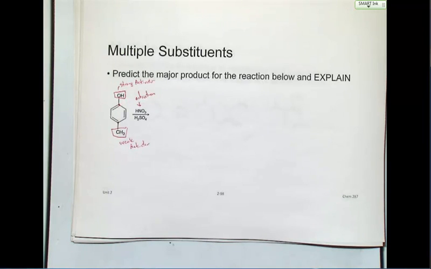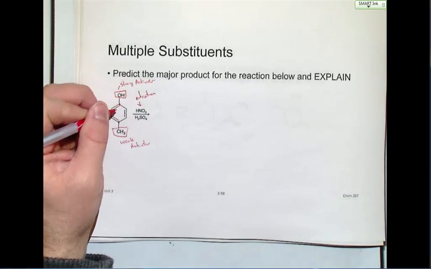If you had a competition between a strong activator and a strong deactivator, which one do you think would win? It's kind of an interesting question to think about. Anyway, let's get back to this one. We have a strong activator and a weak activator, and both are ortho-para directors.